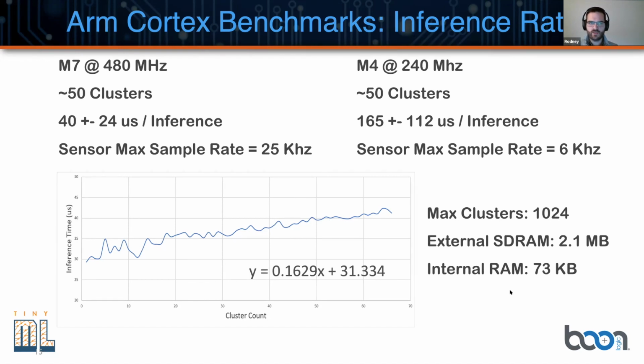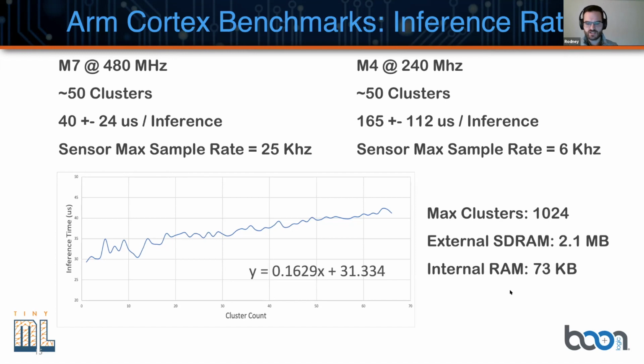We also wanted to examine the performance of AMBER on even smaller, lower power platforms. So we have also tested AMBER on an ARM M4 chip with a 240 megahertz clock. I believe this was a STMicro F4 series chip.